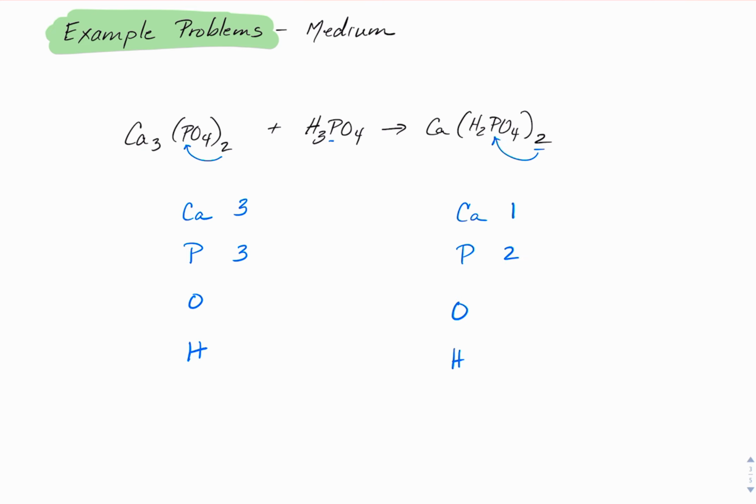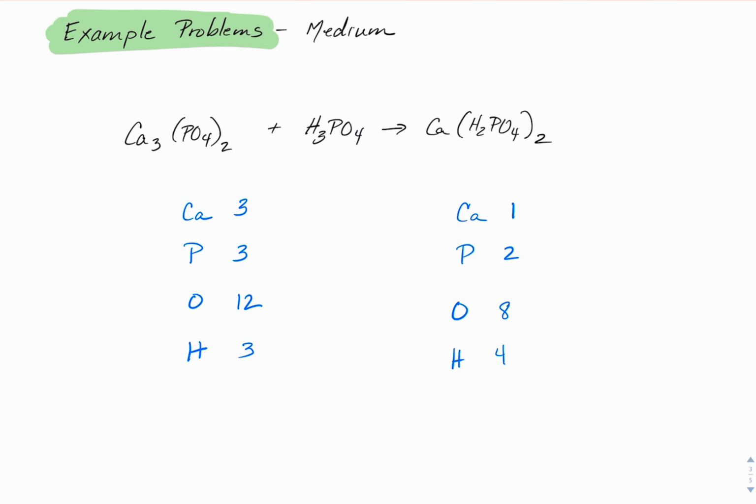For the oxygen, there's a total of 8 in this substance and 4 over here, so that's a total of 12. On the left and on the right there is 8. And then for our hydrogens, on the left there is a total of 3, and on the right a total of 4. So now that we have our total number of elements, let's start by balancing our first elements written.